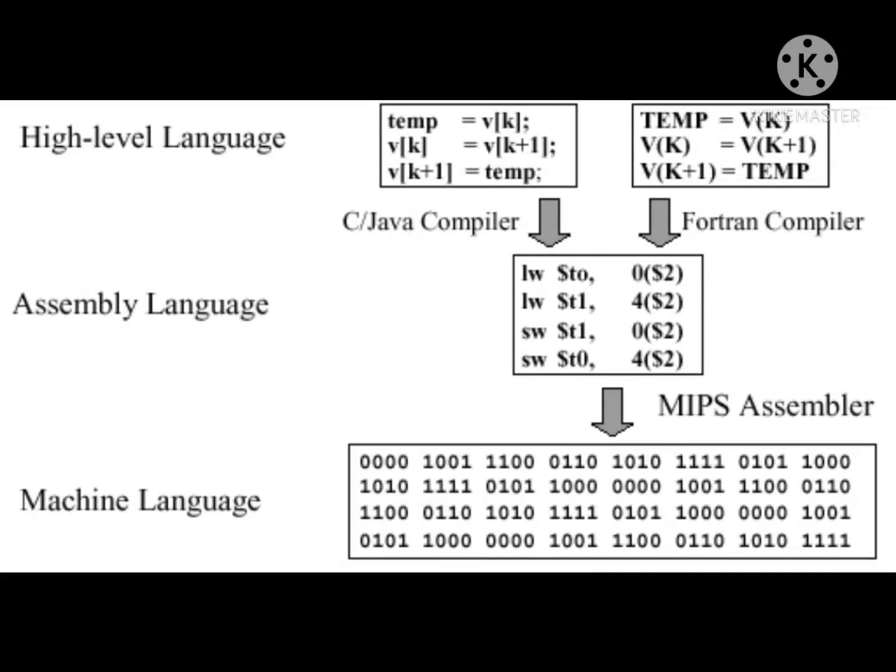If you see, the corresponding C and Java compilers convert the high level language to assembly language, and finally through the assembler it is converted to machine language, which is a combination of 0 and 1, that is binary. So every language is converted to machine language, which can be understood by the CPU, and it can execute, use all the logic gates and other circuit logic, process those instructions, store the results in the memory, and finally we get the results from the memory address to the high level languages.